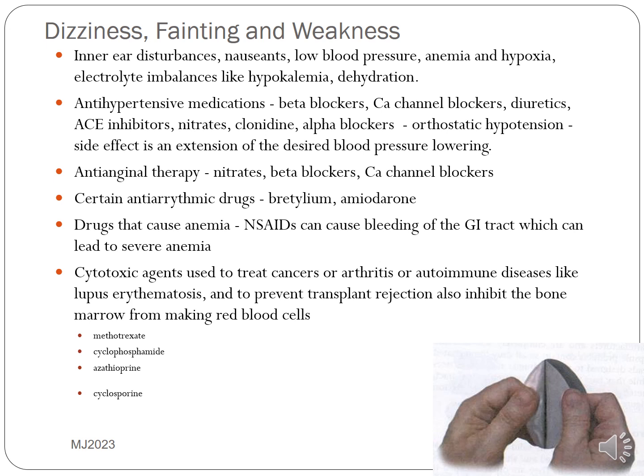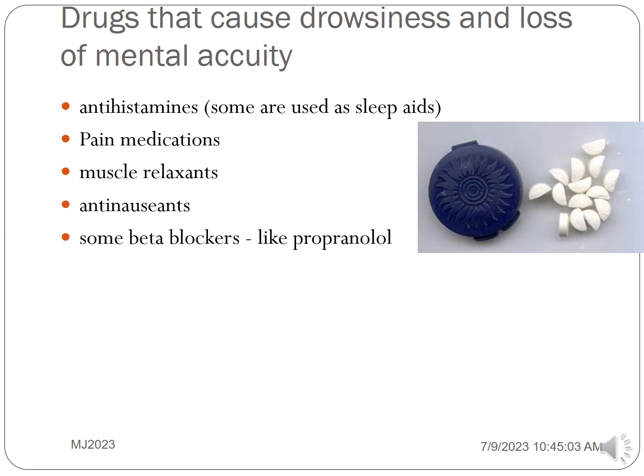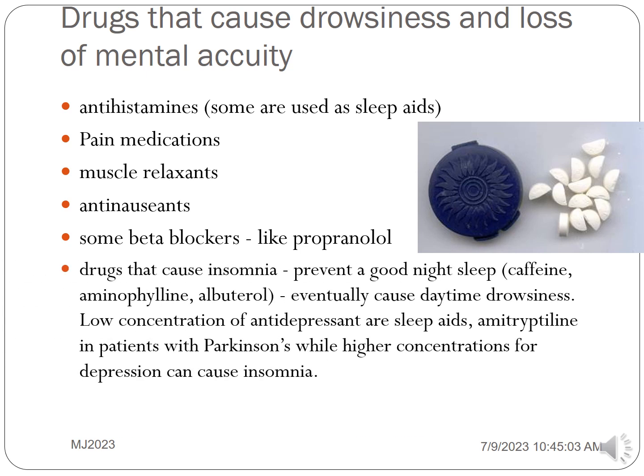Normally they are taking antihypertensive medications, anti-anginal therapy, certain anti-rheumatic drugs that cause anemia, for example, NSAIDs, cytotoxic drugs or agents, and drugs that cause drowsiness and loss of mental acuity, for instance, antihistamines, pain medications, muscle relaxants, anti-nauseants, some beta blockers like propranolol.